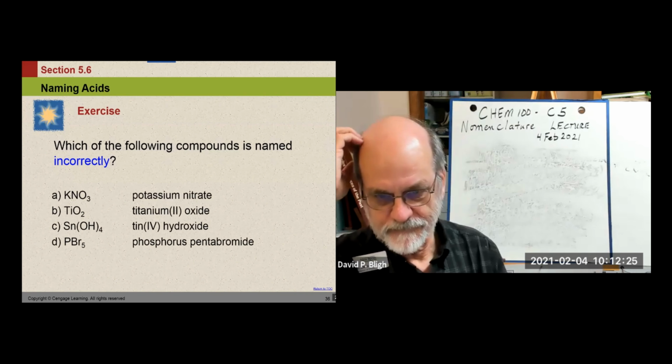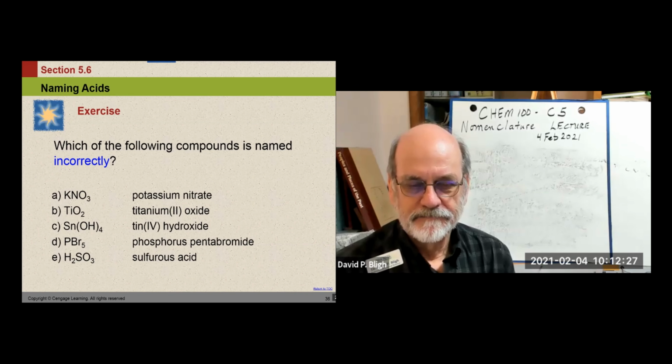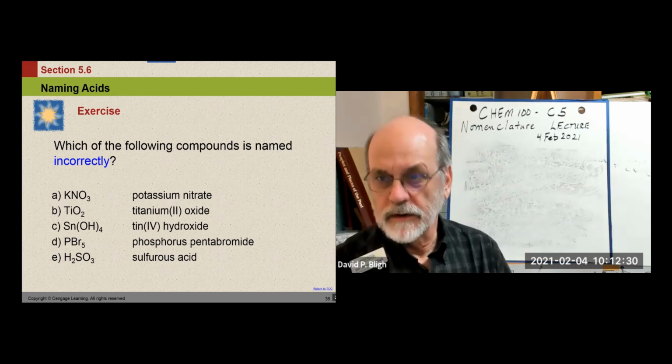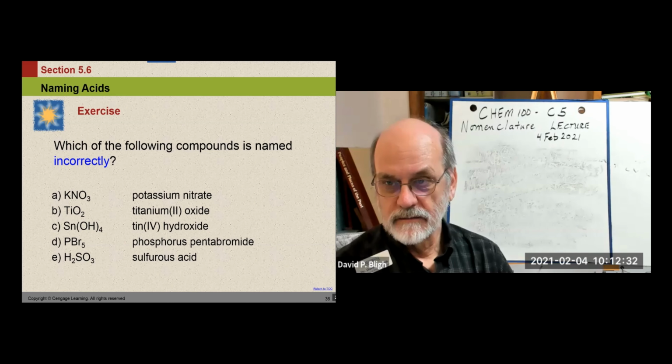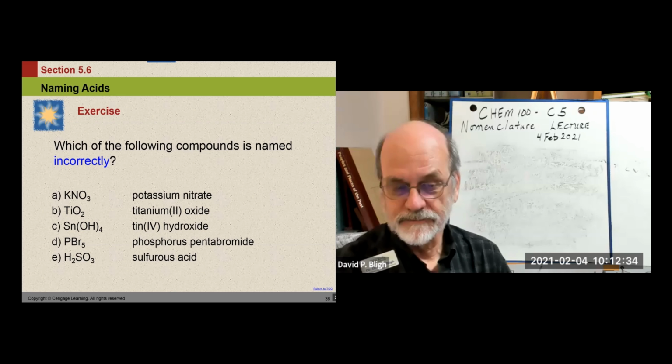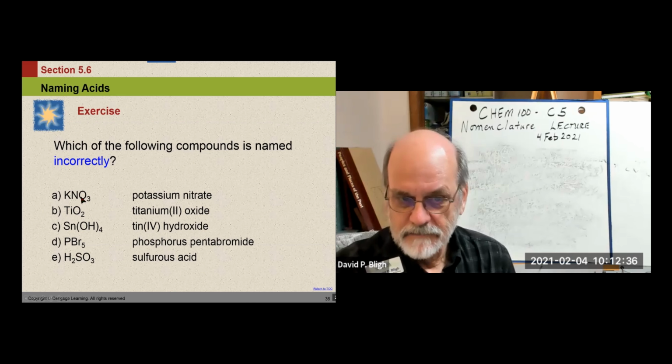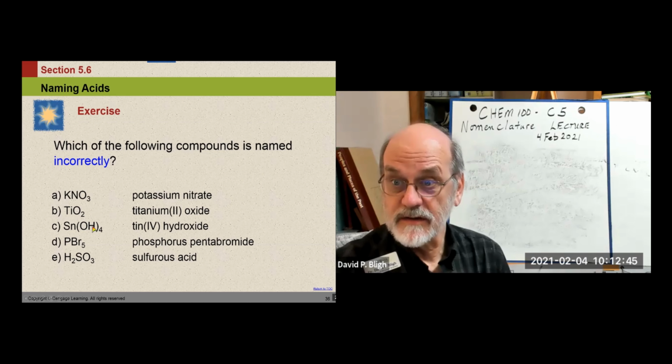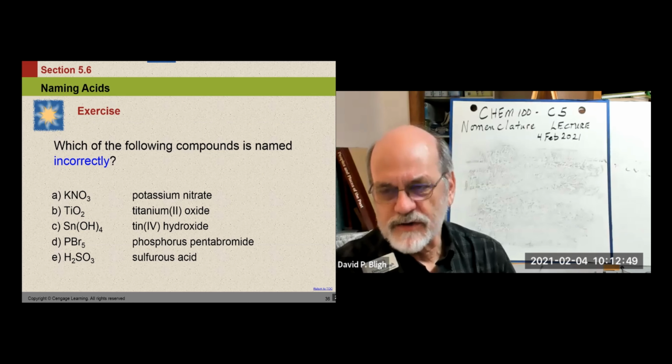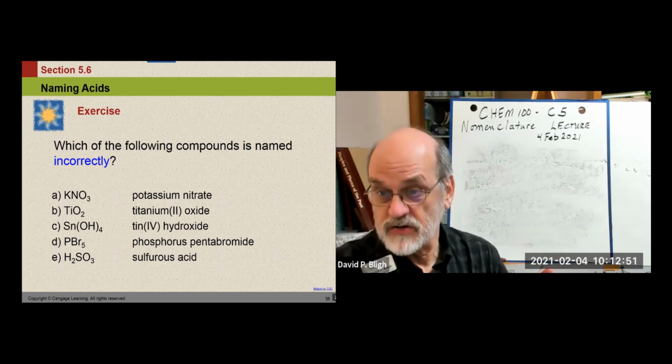So we're not talking about acids anymore, are we? Well, maybe we are and maybe we aren't. Right? That's not an acid. That's not an acid. That's not an acid. That's an acid. What's this one? That's a base. For bases, you don't have a special naming convention.